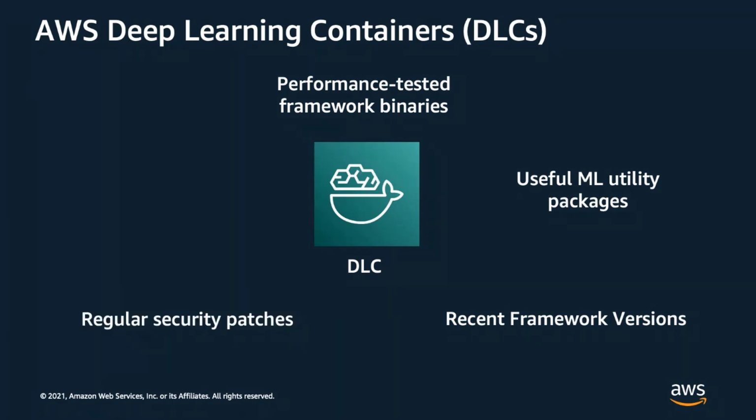And we regularly release patch upgrades to address new vulnerabilities. We run through a series of security scans prior to each DLC release. The final thing to highlight here is that all our containers are open source. They are free to use, and you can take a deeper look into what's inside and what kind of tests we run by navigating to our public GitHub repo.